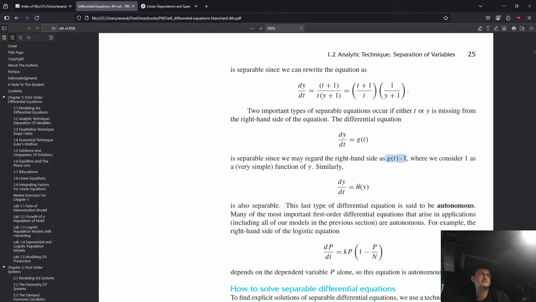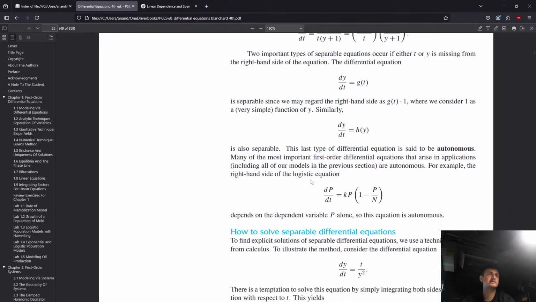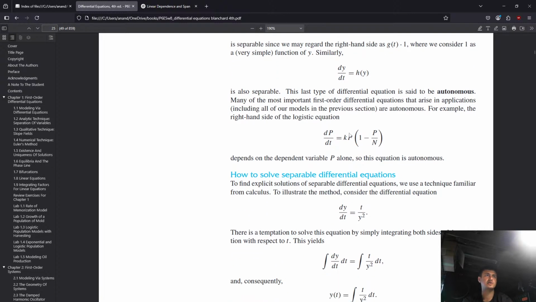Dy dt is equal to h of y is also, this is the form of y dot is equal to h of y, is autonomous. Basically no dependence on time. So then they're just giving us an example that the original logistic equation for population growth is autonomous because there's no t on the right hand side.